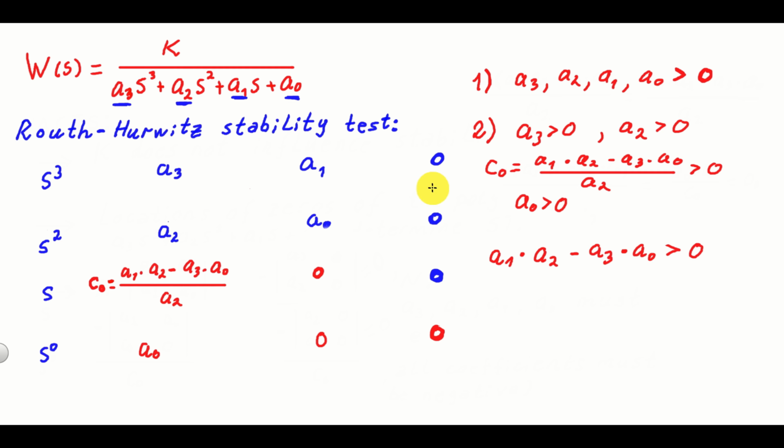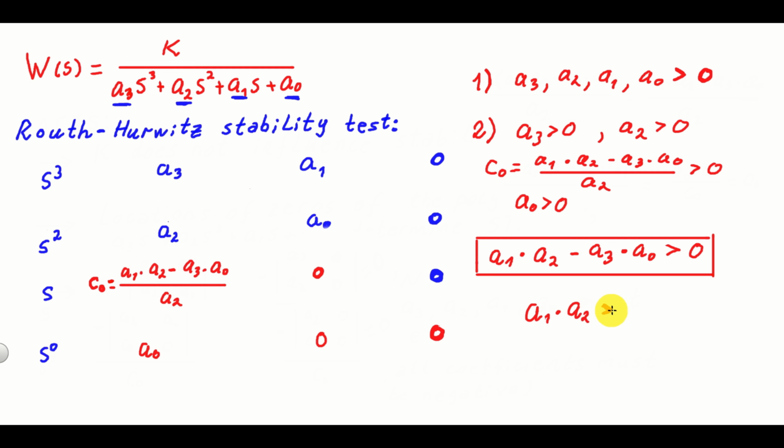And this is the fundamental result for the stability of the third order systems. That is, the product of these inner coefficients should be larger than the product of the outer coefficients. And you can see that by transforming this equation like this, or this inequality, better to say, like this.